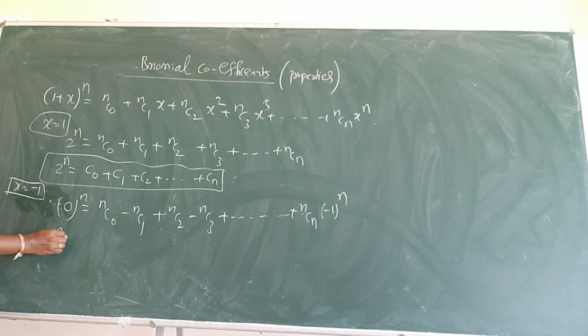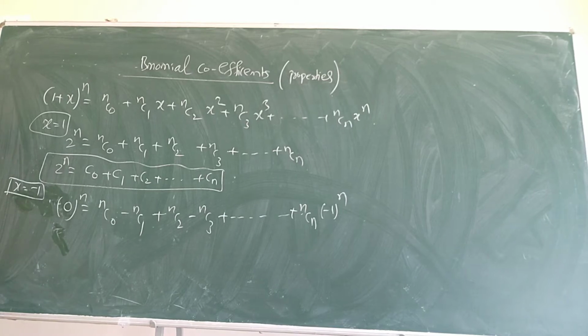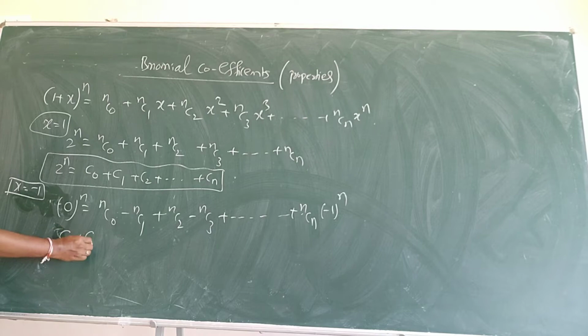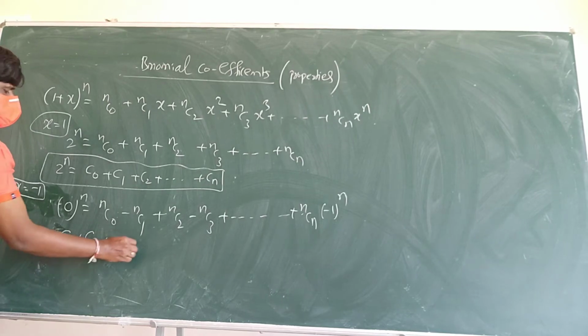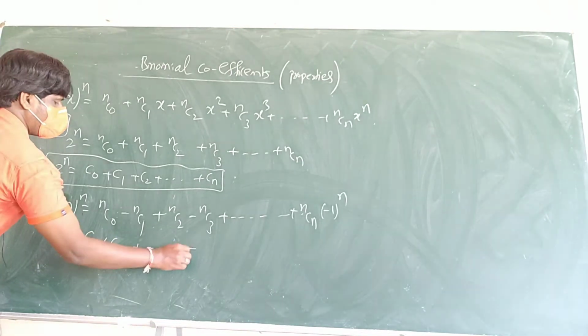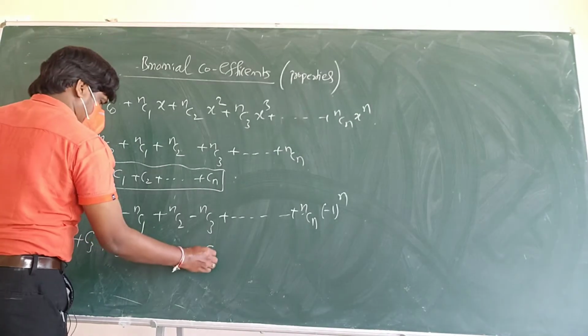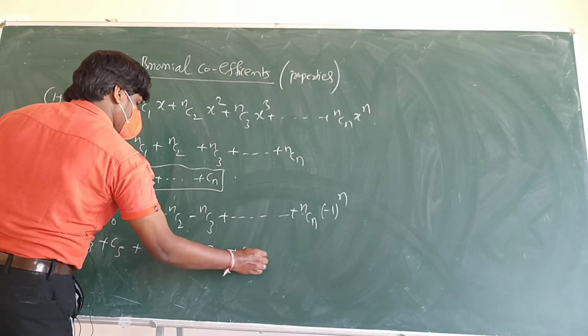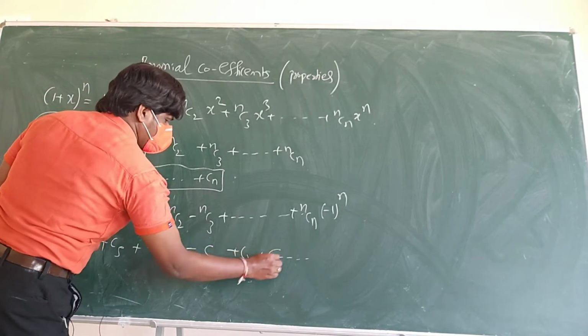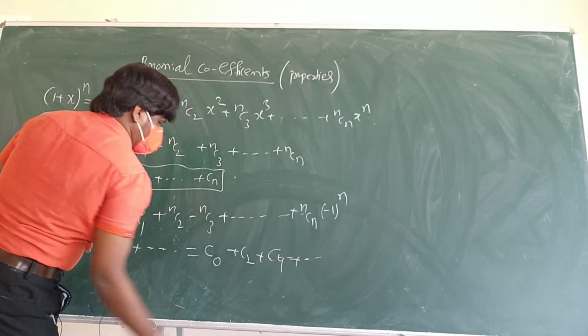If I send the odd terms to this side, I will not write nC now, I will write just the coefficients: C1 + C3 + C5 and so on will be equal to C0 + C2 + C4 and so on.